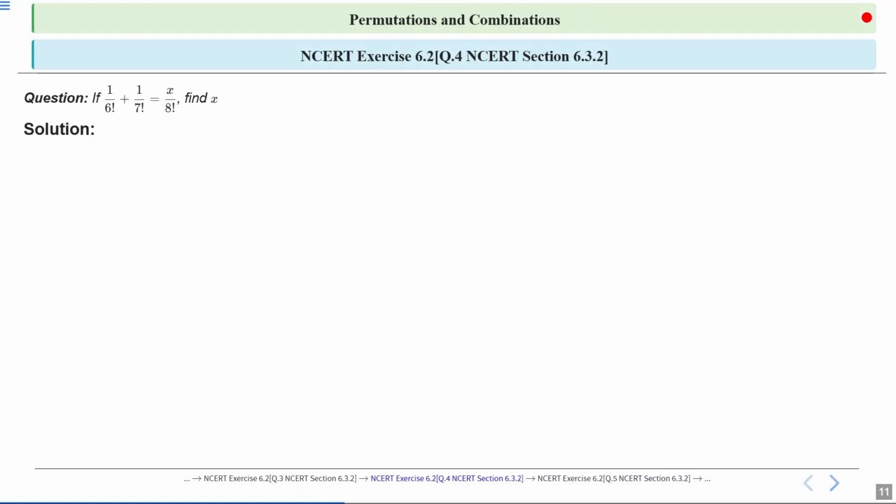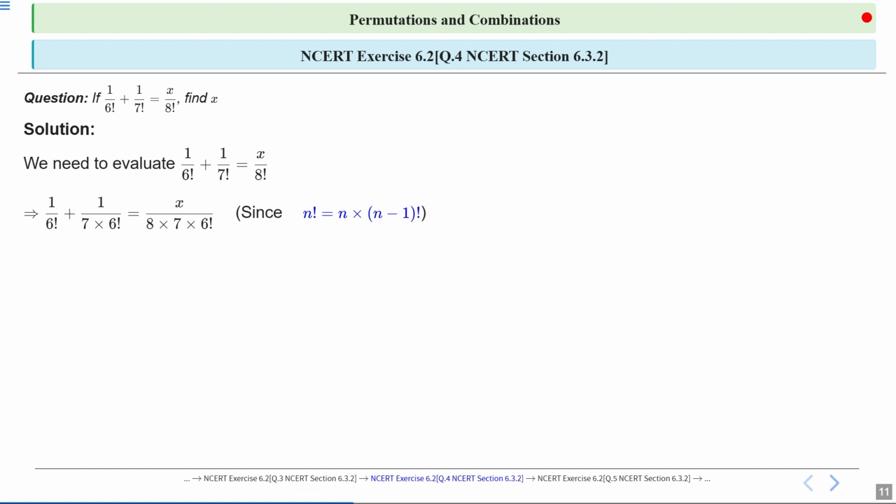So let's start the solution step by step. We need to find the value of x. The equation is 1 by 6 factorial plus 1 by 7 factorial is equal to x upon 8 factorial.